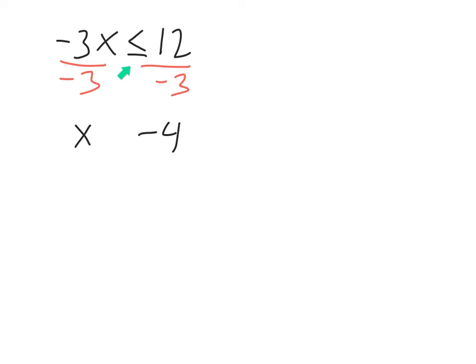But this less than symbol is going to turn to a greater than symbol. So greater than or equal to. So whenever you multiply or divide both sides of the equation by a negative number, then you need to switch this sign in the opposite direction.